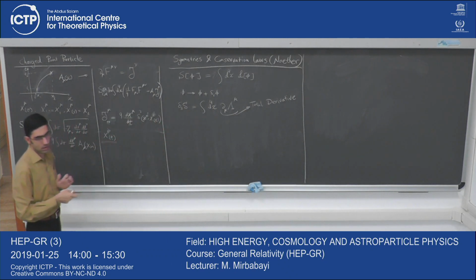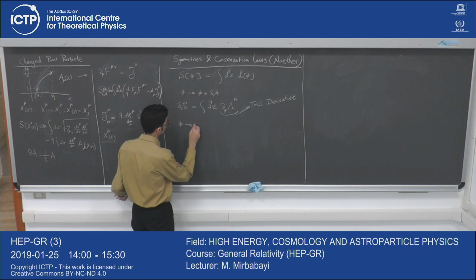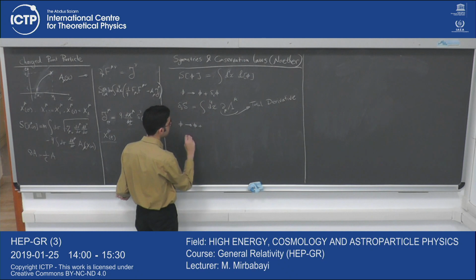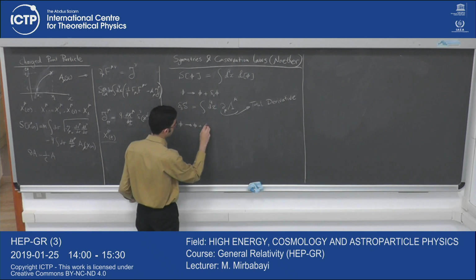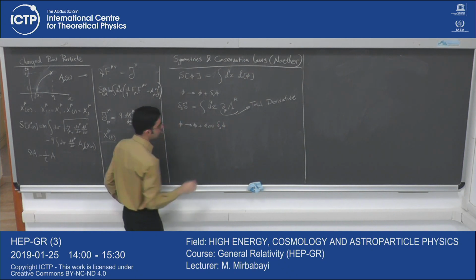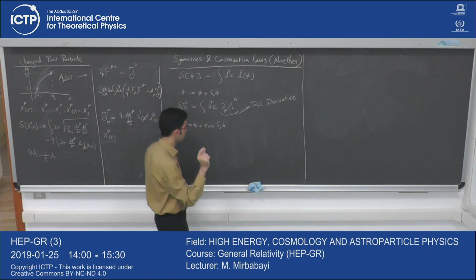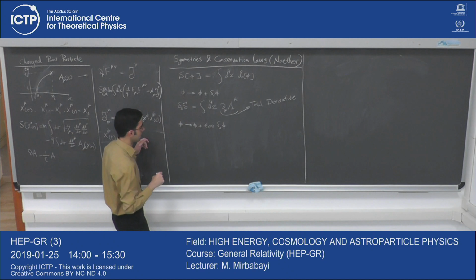How do we derive that conservation law? It's very simple. What we do is modify that symmetry transformation by multiplying this variation by some epsilon of x, where epsilon is an arbitrary function of space-time.